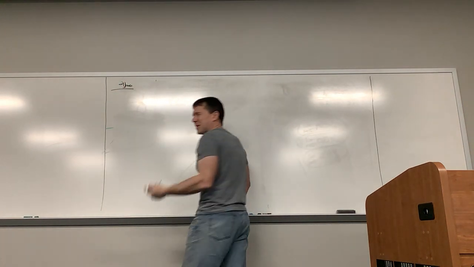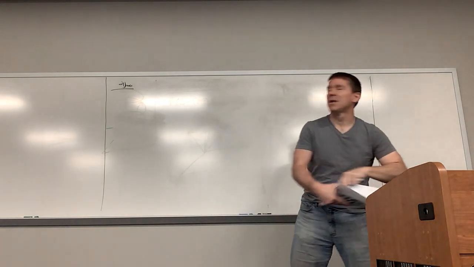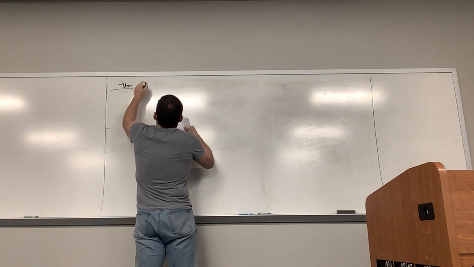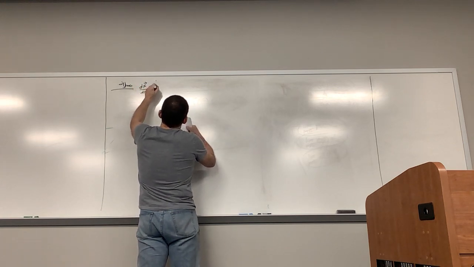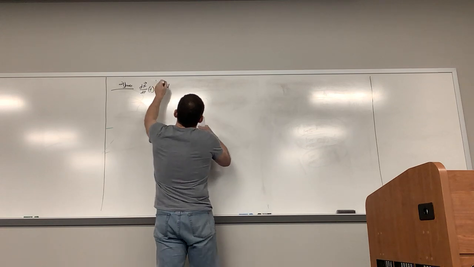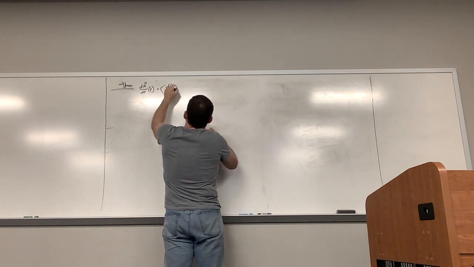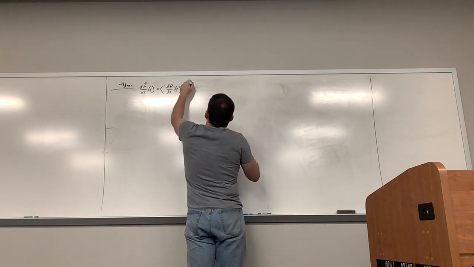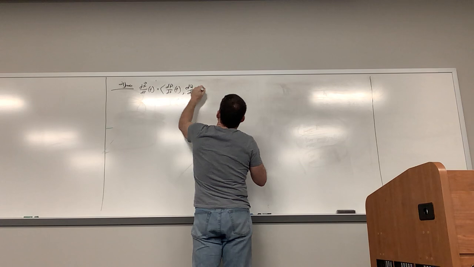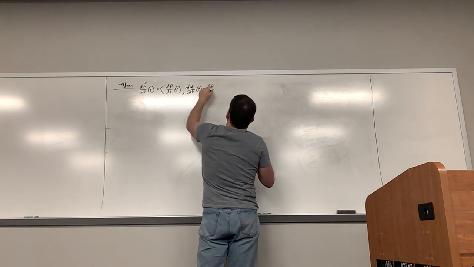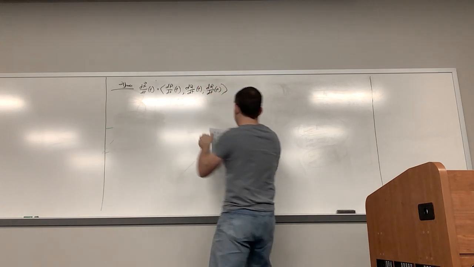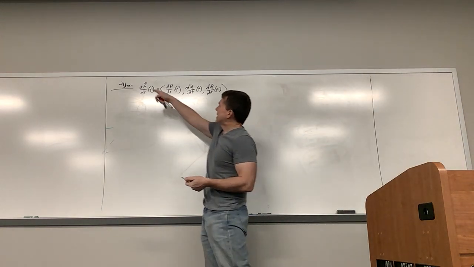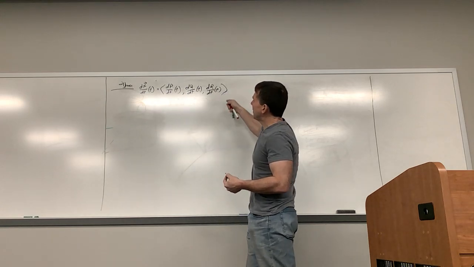Assuming we have a vector value function and continuous component functions, then just to make sure I use the same notation as your book, the derivative of f with respect to t of t is equal to the derivative of p with respect to t of t, the derivative of q with respect to t of t, and the derivative of r with respect to t of t. And again, the idea, the derivative of the vector value function is the derivative of each of those.